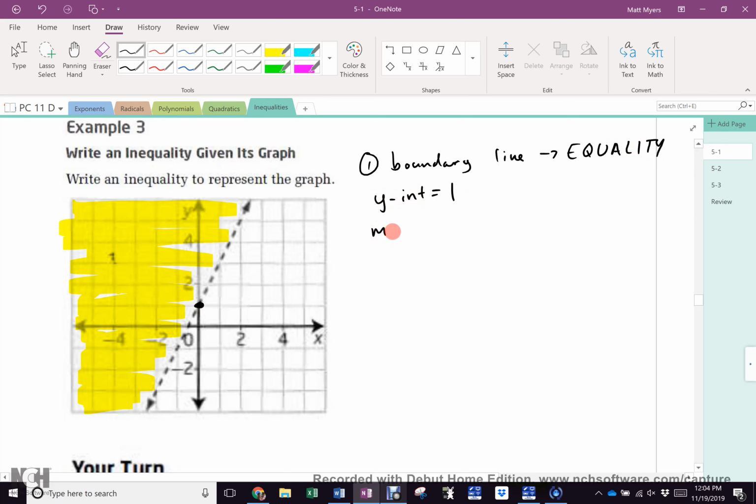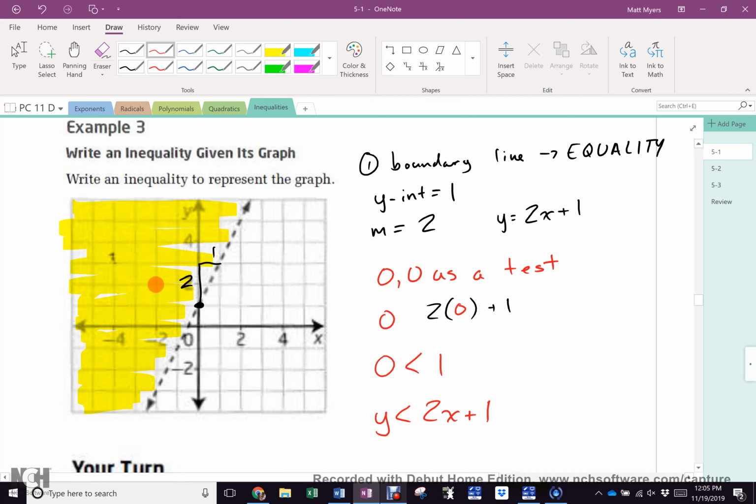What if you're confused? What should you do? Check with one that is in the solution zone, right? What would be a point that is shaded in? You want to do negative 1, 1? Negative 1, 1 would work. Okay, so let's check.